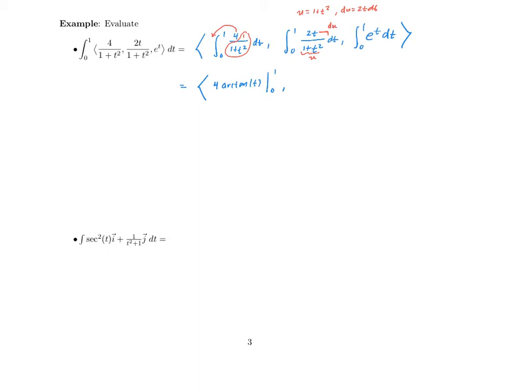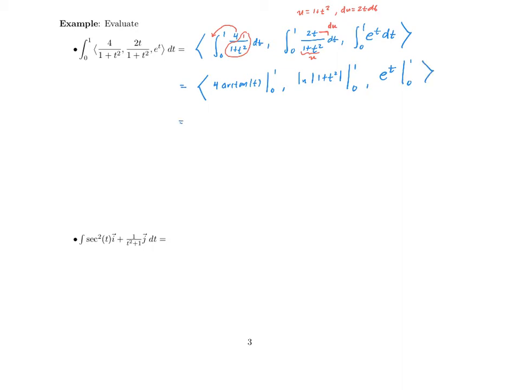But if you look at that and you tell me that the antiderivative is natural log of the absolute value of 1 plus t squared, I am okay with that. Just make sure that you understand those details, and using substitutions is something that we will practice over and over again. And the antiderivative of e to the t is e to the t.